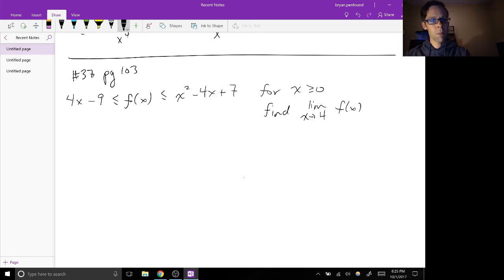Well, I can apply the limit to all parts of this inequality. I apply the limit to the first part of my inequality, to the middle portion of my inequality, and I apply the limit to that quadratic as well.